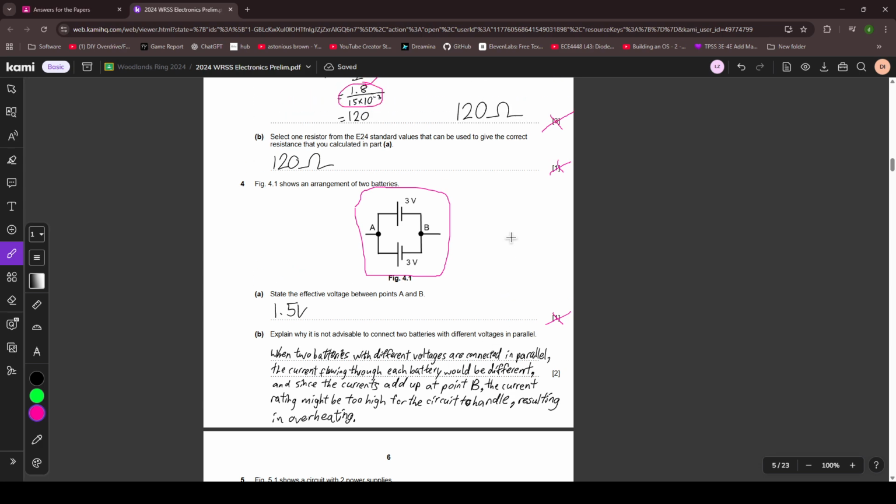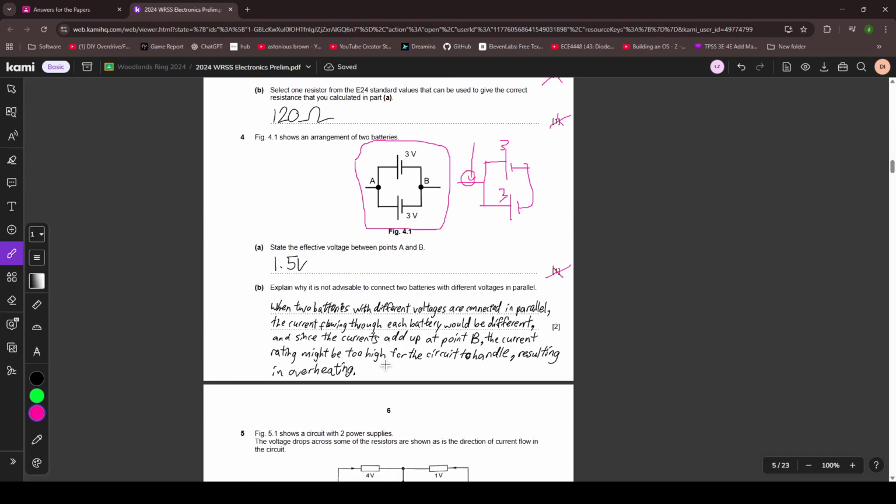So basically what you're saying is, if the voltage of this one is like 3, and the voltage of this one is like 2, if you combine them up, the current will be too high. Then my question to you is, what if it's 3? Then the current will not be too high here. So that doesn't make sense. Your point here is wrong already, so unfortunately I have to give you 0 marks.